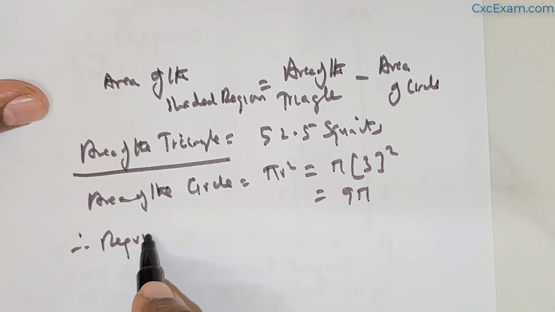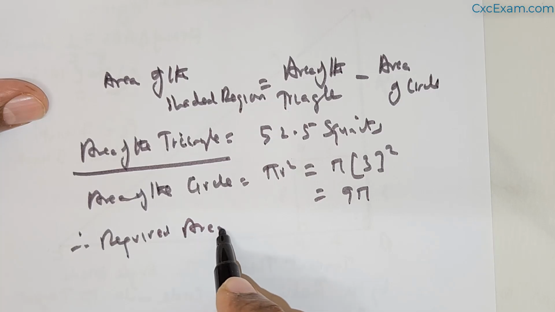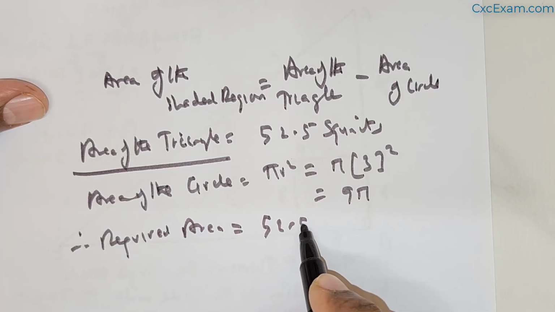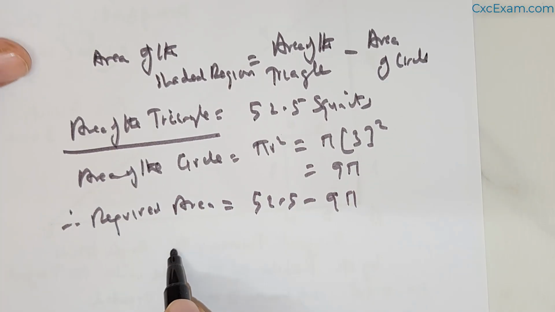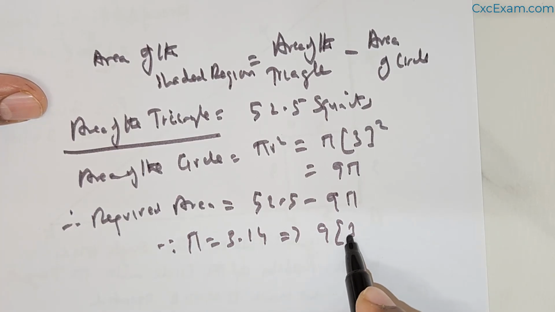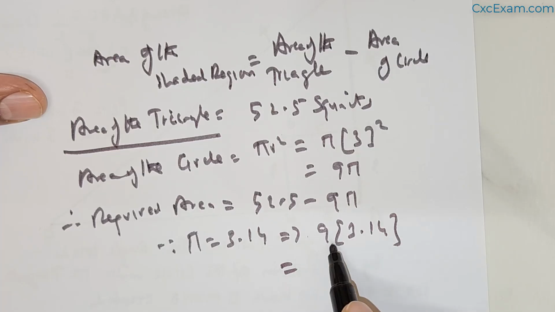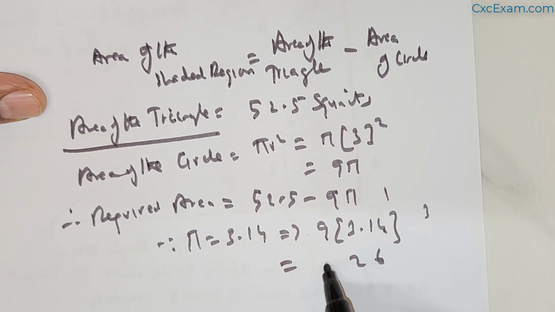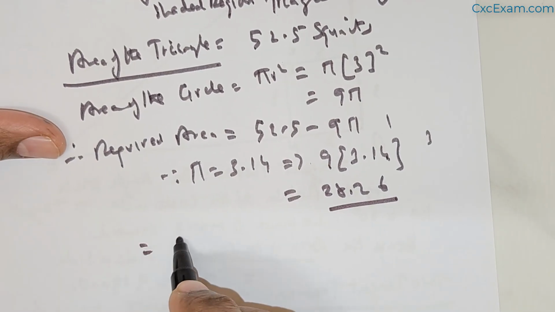So therefore the required area is 52.5 minus 9 pi. I take pi as 3.14, which means 9 times 3.14 is 28.26.